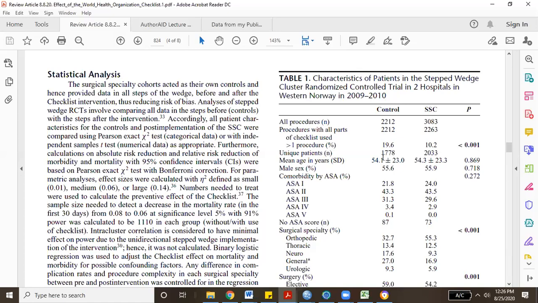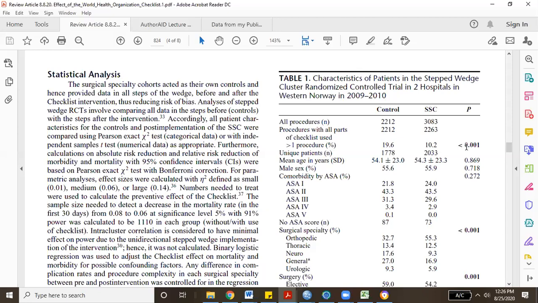Even if the proportion is higher, the answer is yes, because the evidence, which is the p-value, is less than 0.05. That's why at the p here, the authors had less than 0.001, which is less than 0.05.